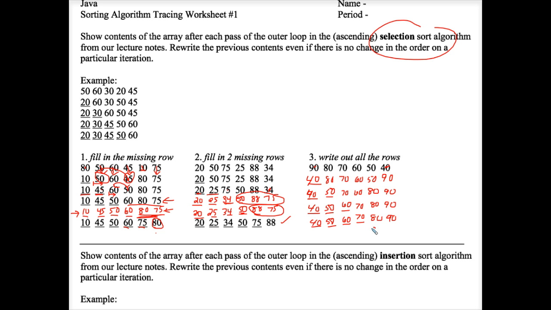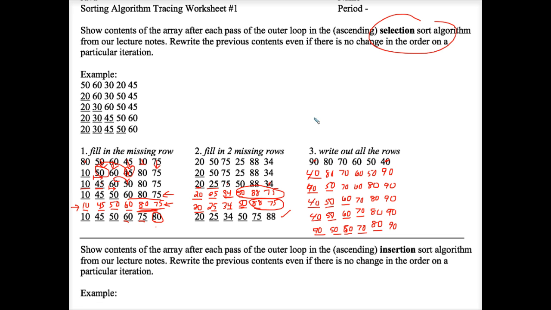And on the next loop iteration, 80 and 90 are compared, and the 80 is determined to be the smallest, so it's placed there, and everything else comes along for the ride. And finally, the algorithm doesn't go any further because the 90 is the only element left that hasn't been searched, and it hasn't been selected yet, so it just stays right there.